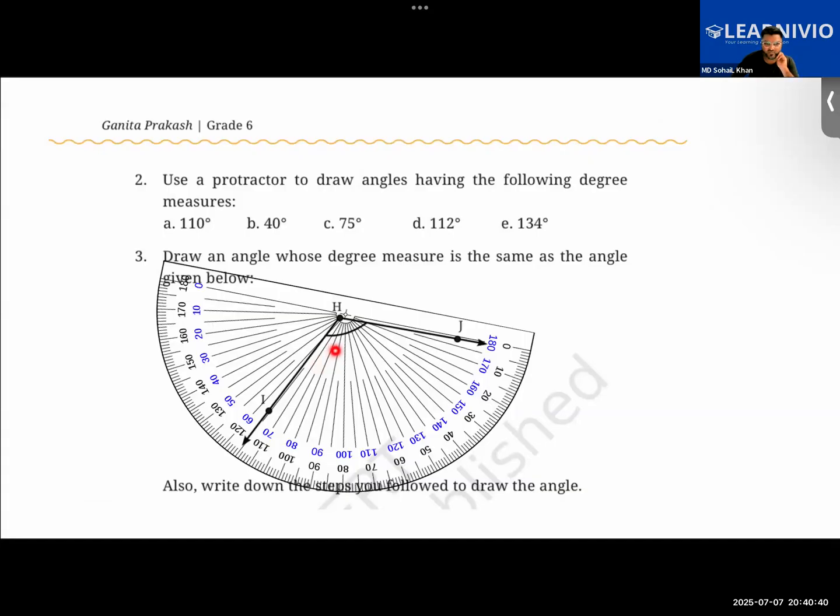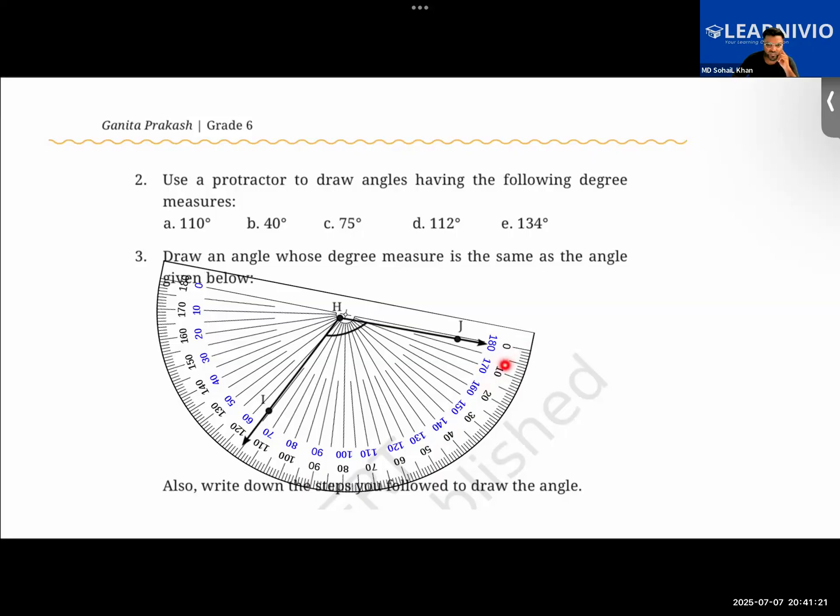Look, you were saying 115. 65? No. How is it going to be 65? Listen, Nafis, listen. From which side are you going to take the measurement? From this side, no? Okay. And which one, the one in the blue or the one in the black? You have to take the one in the black. Always keep in mind that whenever you're taking the measurement from this side, you will be taking the values written over here, like this one.